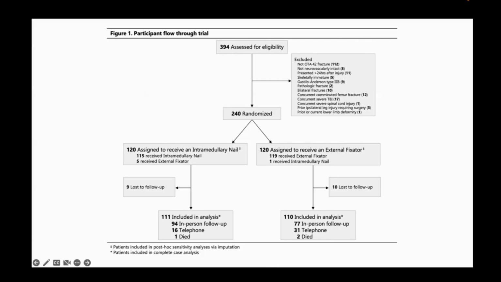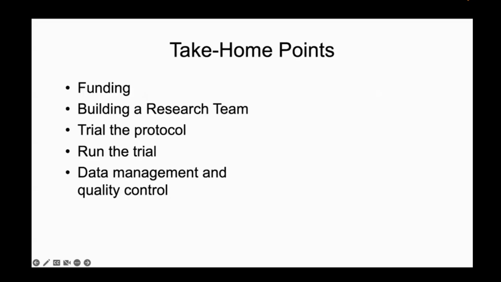So in summary, I know we've talked a lot about a lot of different subjects, and hopefully this slide brings it home for you. Remember funding and thinking creatively and iteratively about funding your research.